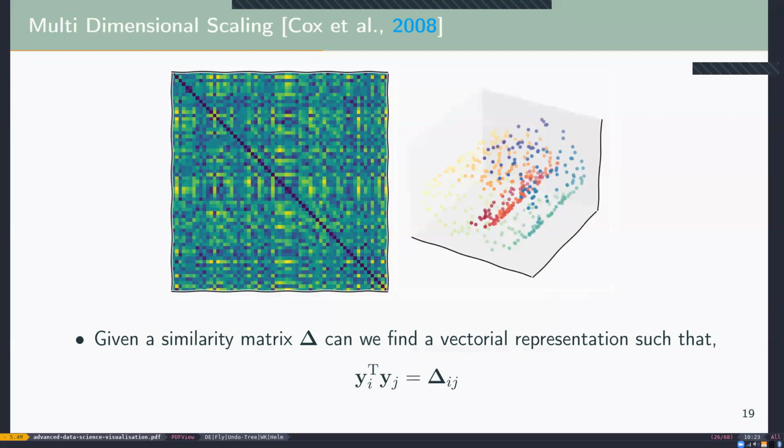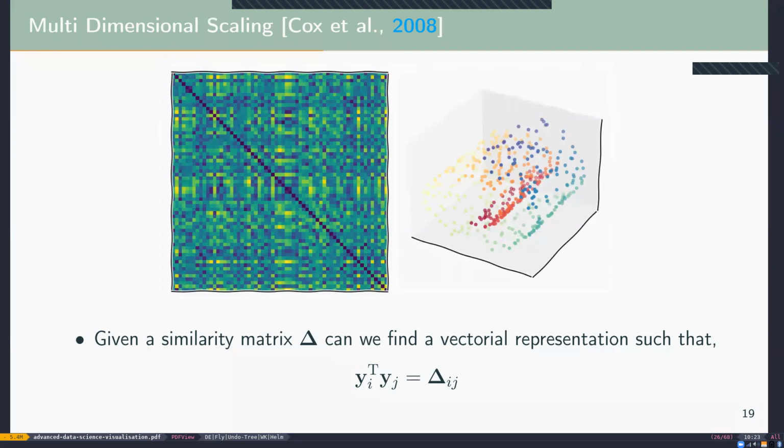I can take this kind of data and also represent it as a matrix like this, which says how close each point is to each other. Now let's throw this one away and say this doesn't actually come from vectorial data. We only have this matrix for one reason or another.